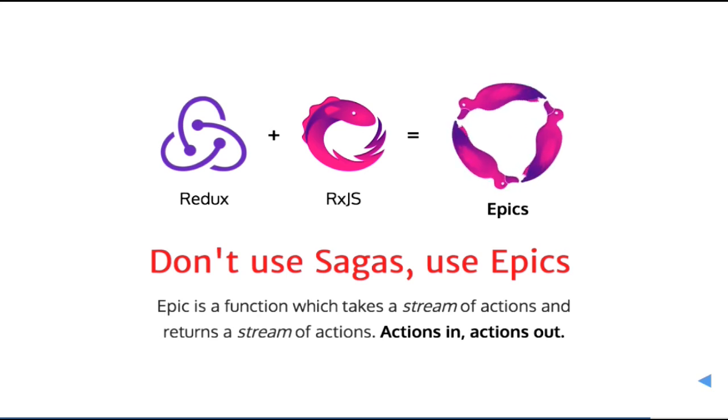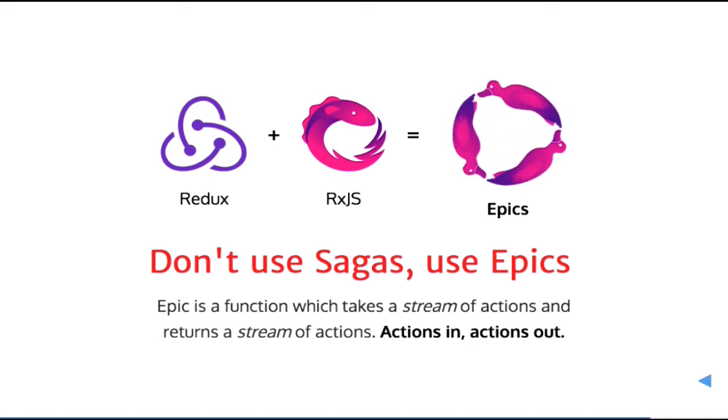How do we handle asynchronous state changes? So how do we handle asynchronicity in our state? We have thunks with the whole callback hell. We have sagas with their magic generators. And I propose to use epics, just like Netflix does.